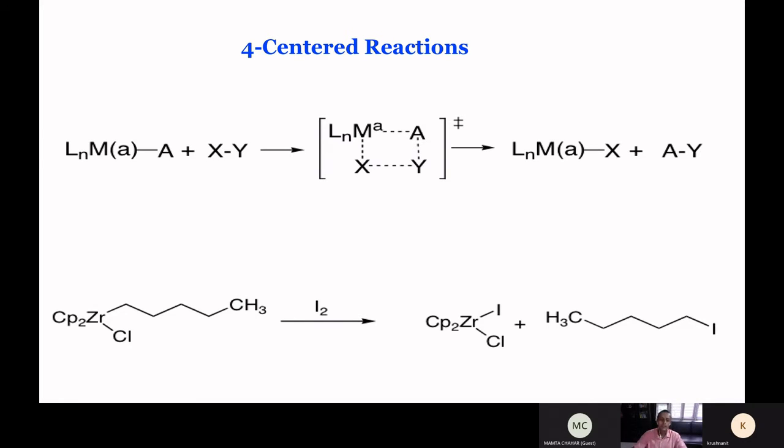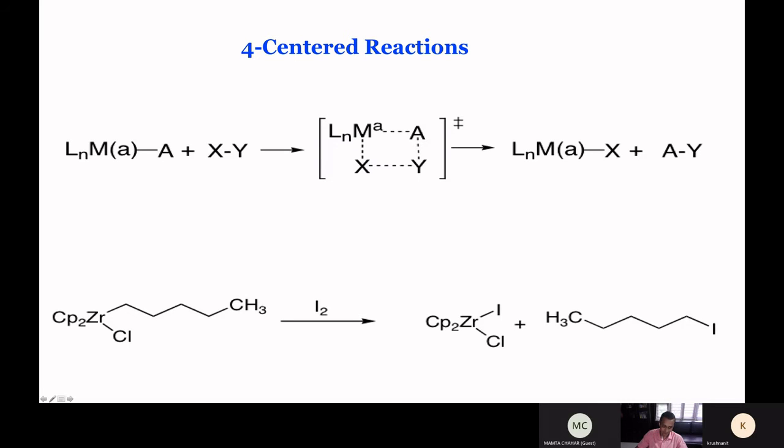I'll explain again. Let's forget zirconium. Let's say this is some other metal. What could have happened if there is electron available on this metal to undergo oxidative addition? Iodine would have undergone oxidative addition. So on this metal, if there was enough electron, then this oxidative addition would have gone. Between iodine and iodine, metal insertion would have happened over here.